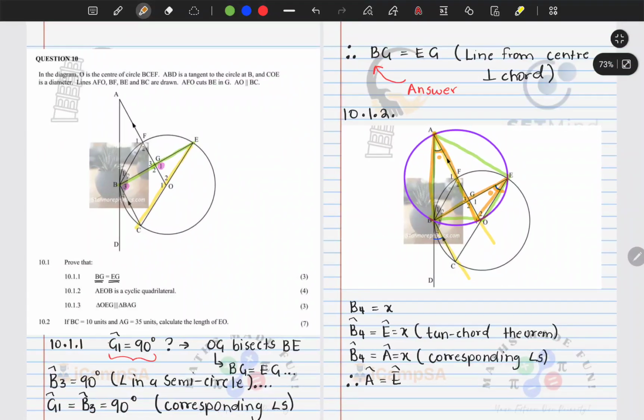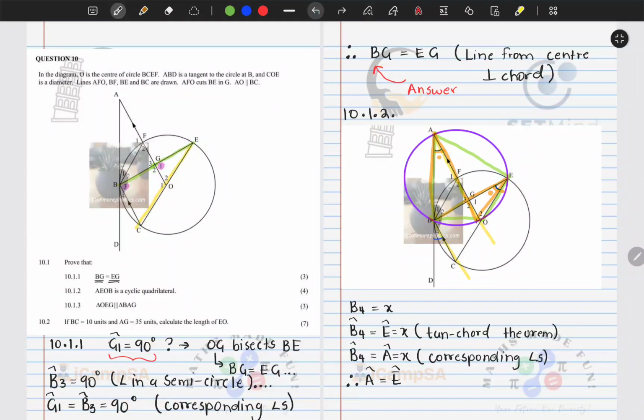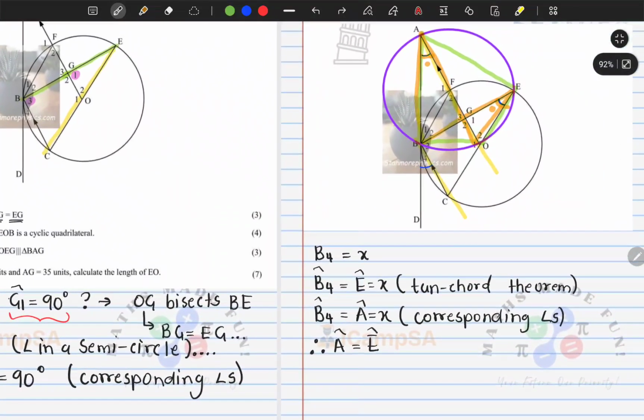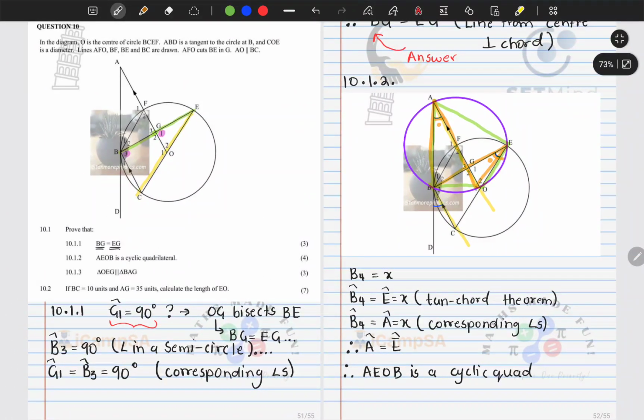So we can conclude that what we have is a cyclic quad using the converse, because what we are saying is, if AEOB is a cyclic quad, then these angles are equal. Now what we are saying is, if these angles are equal, therefore that is a cyclic quad. So therefore your AEOB is a cyclic quad. And what we are doing is just using the converse.